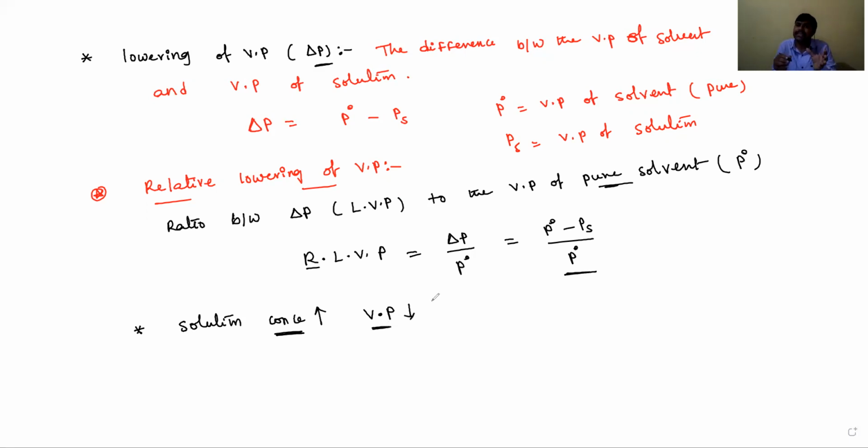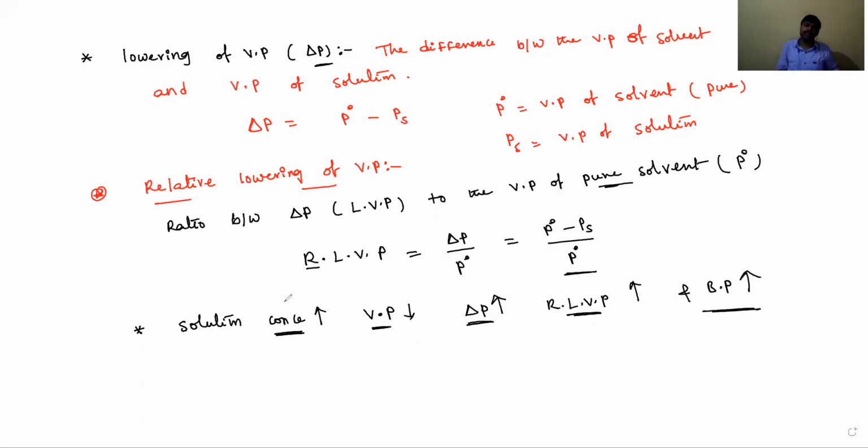But the difference between the vapor pressure of pure solvent and solution will increase. The delta P value increases, the relative lowering of vapor pressure, RLVP, will increase, and the boiling point will increase. So this is an important relation.